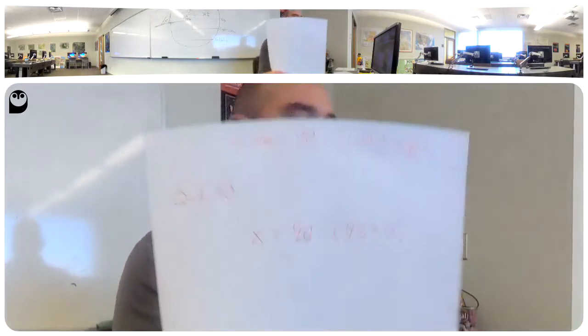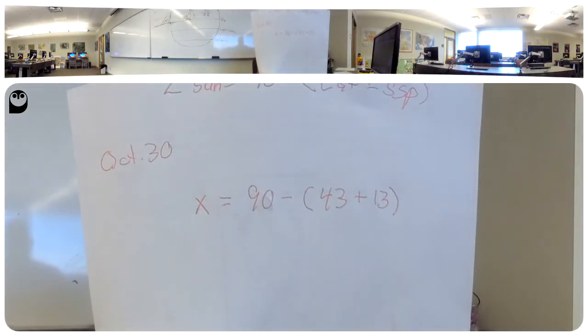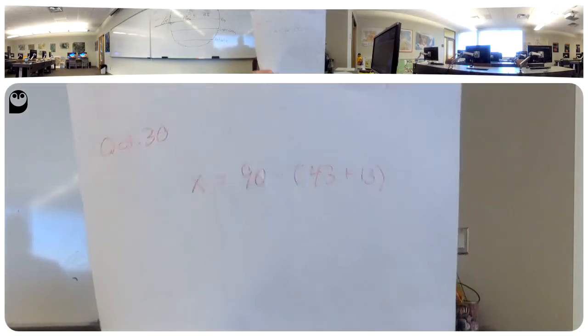That's where the sun's rays are hitting the earth vertically, 13 degrees south of the equator, in the southern hemisphere. Is that winter or summer? Well, we're past the fall equinox, right? So it's going to be winter. So we are going to add the SSP. We're going to take our latitude 43 plus 13. So here's what my equation looks like now. X equals 90 minus 43 plus 13.